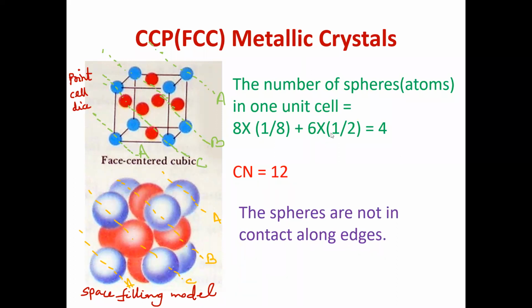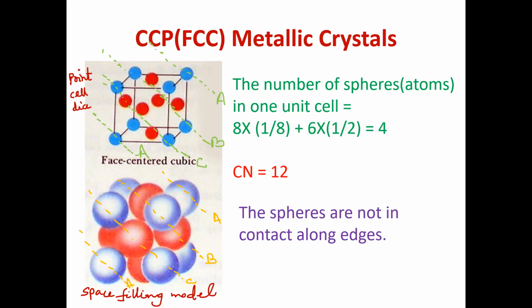Then we'll be taking half slices of spheres sitting at the 6 face centers, because one half will be in this unit cell and another half in the adjacent unit cell. So its share per unit cell is half, and there are 6 spheres at the 6 face centers. So altogether, when we calculate the packing fraction as well as density, we have to use 4 atoms to find out the volume or the density.